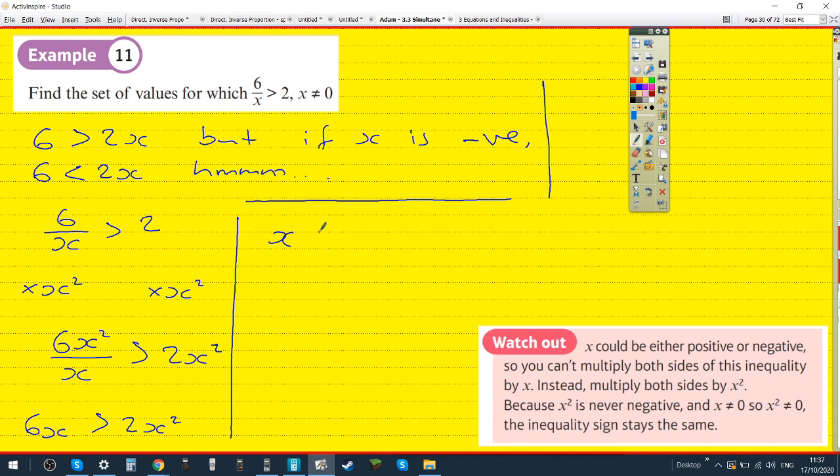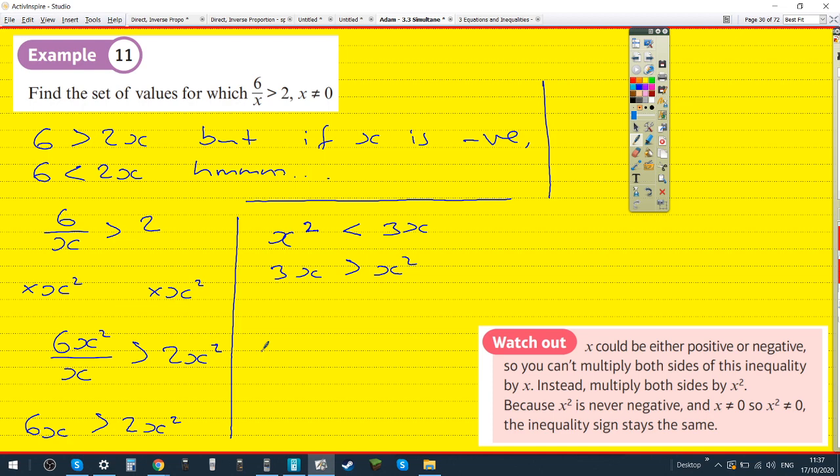Is that right? You swapped the sides. If you divide both sides by 2, you would get 3x is greater than x squared, and you swapped them around and said x squared is less than 3x. Both the same thing. Okay.